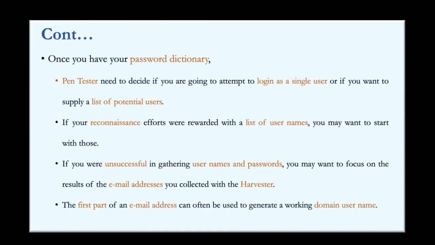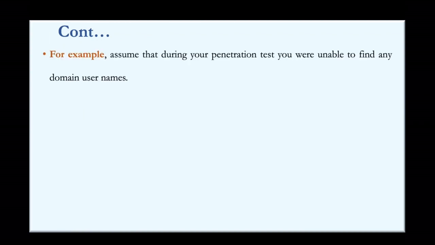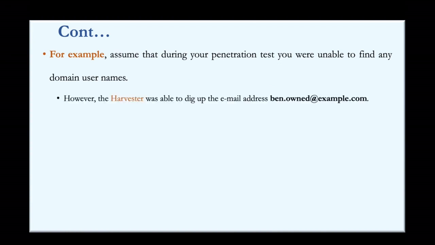For example, just assume that during the pen test, you are unable to find any domain usernames, but the harvester was able to dig up an email address on the target system like ben.owned at example.com. Then you can use the first part of this email address, ben.owned, and try to build a user list with different combinations of this, that is ben.owned or owned.ben, and combinations of capital and small letters.